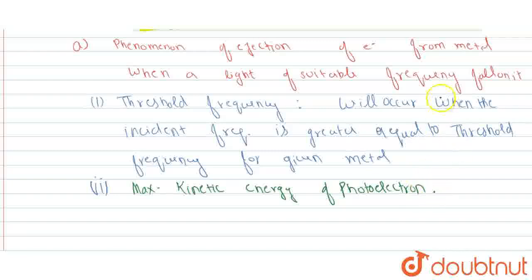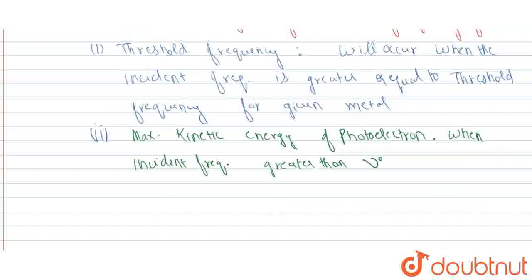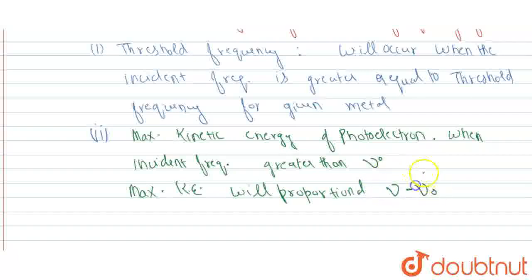We explained that whenever the incident frequency is greater than the threshold frequency, the maximum kinetic energy will be proportional to the difference between the incident frequency and threshold frequency.